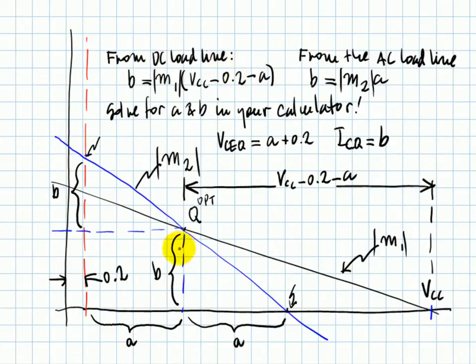But we can also compute B from the AC load line. That is A multiplied by the absolute value of the slope of the AC load line.